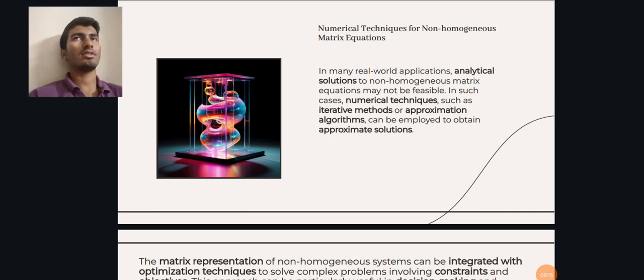We can use these iterative methods, which are made with the help of non-homogeneous equations, and approximation algorithms to obtain approximate solutions for a way to move from one place to another and make the journey easier by passing through every point.